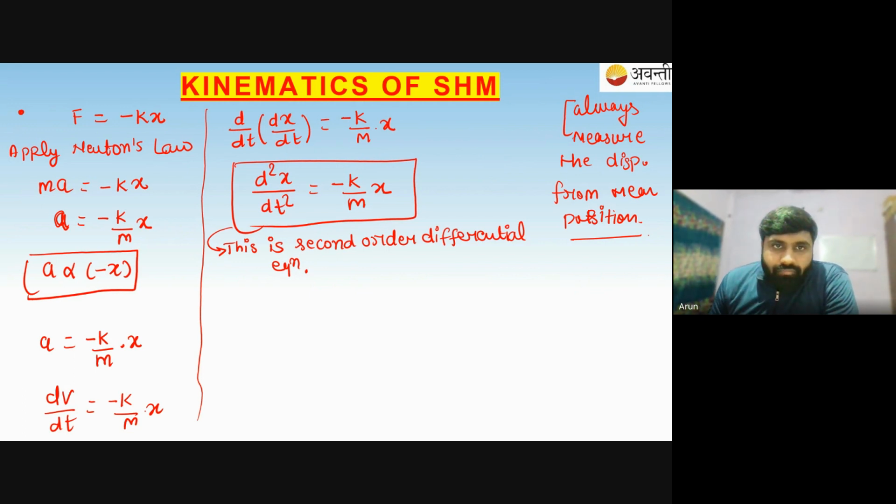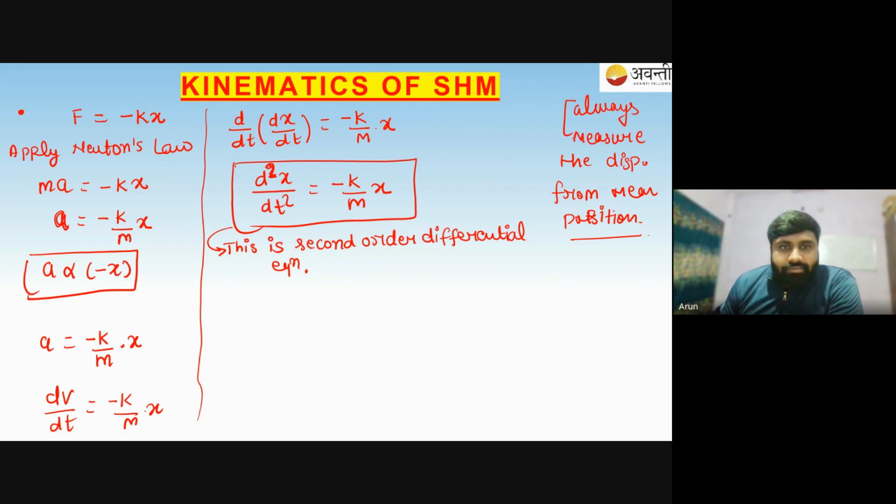Look, which order of derivative you have in the equation. We have d2 by dt square, so it is 2, so this will be second order. If it is only dx by dt, it is a first order derivative, so a first order differential equation will be there. Got it? So this is the second order differential equation in position and time, x and t.